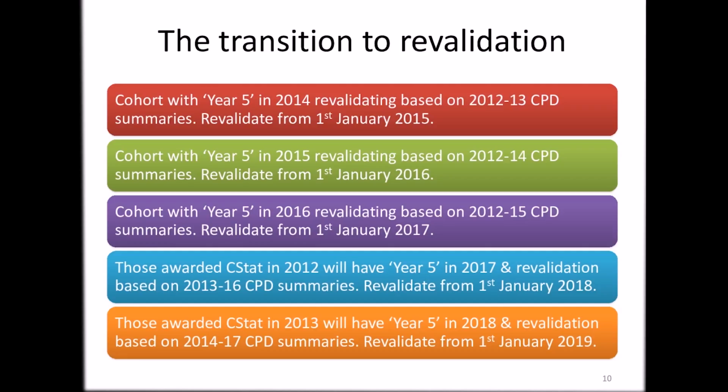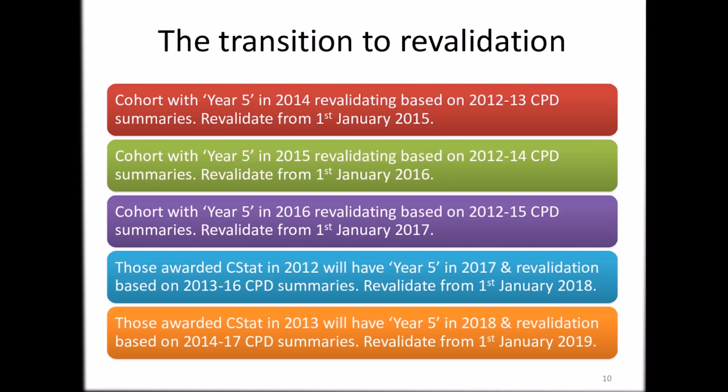Now, as we move forward in years, say, those who entered in 2014, those members join the first cohort on this slide who successfully revalidated in 2014 and undergo revalidation again in 2019. And so on for those who entered in 2015 and 2016.